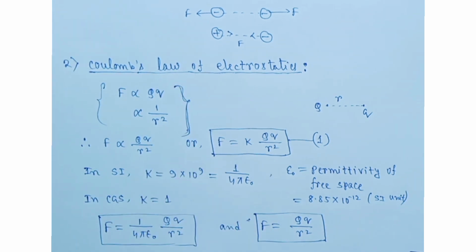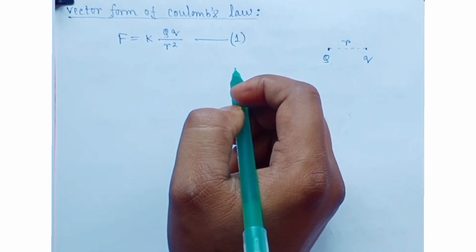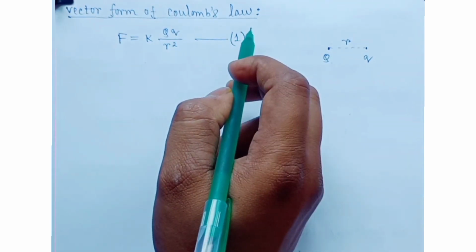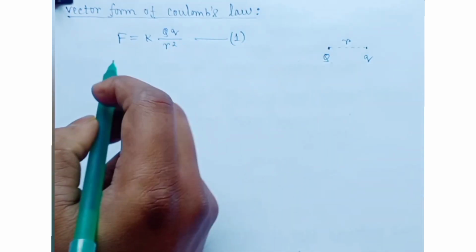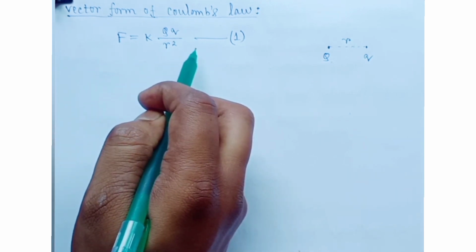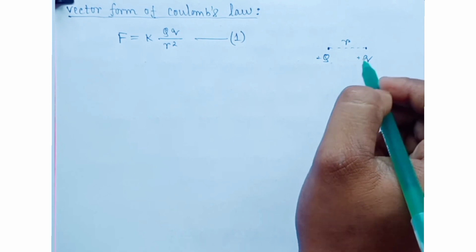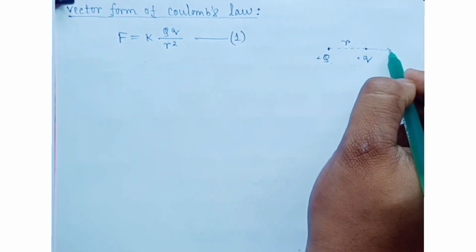Now let's talk about the vector form of Coulomb's law. Coulomb's law of electrostatics gives the force between the electric charges, and force is a vector quantity. So Coulomb's law can be written in the vector form. The magnitude of the force is given by equation 1, and if these two charges are positive, the small q charge will feel a force in this direction.